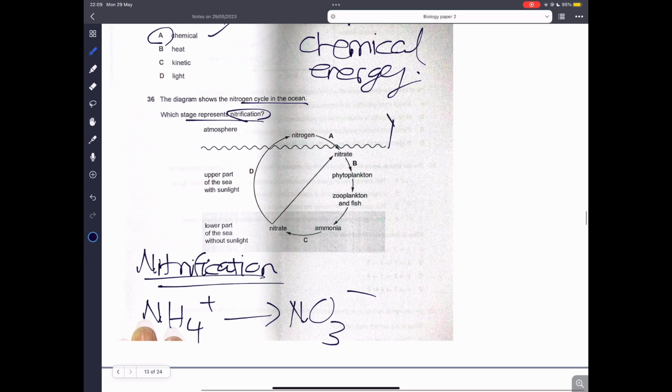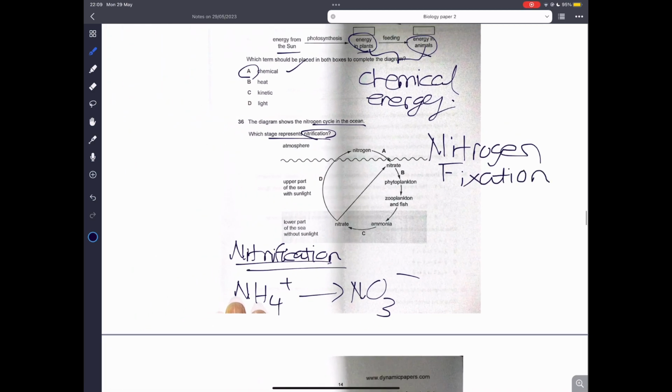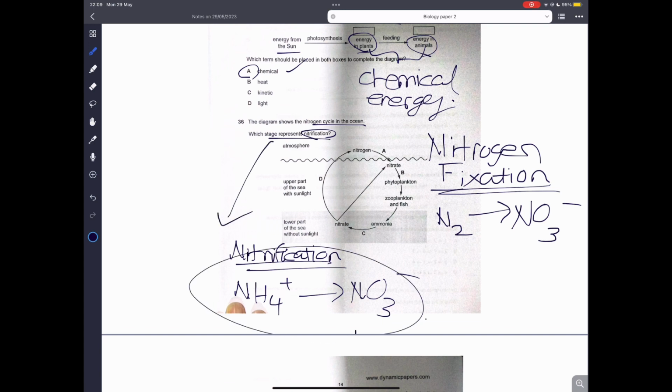And there is another thing called nitrogen fixation, which is done by nitrogen-fixing bacteria. This will turn the nitrogen gas in the air into nitrate ions. The question asks for nitrification, so it is from ammonia to nitrate, so C is the reasonable answer.